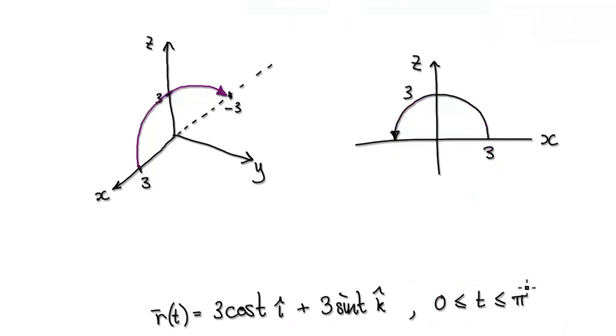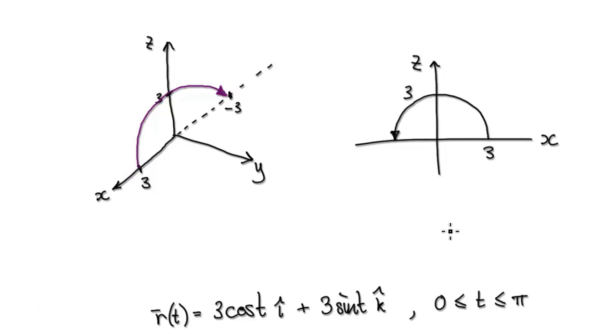Now let's suppose you want the particle to start at A here and then end at B. So it's going in the opposite direction. How would you come up with a position vector to drive the particle from here to here? Think about it. Press pause and think about it.